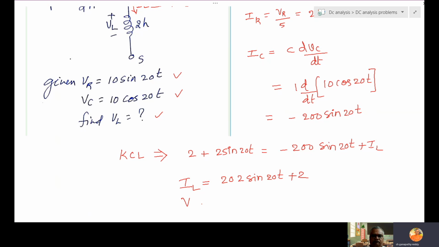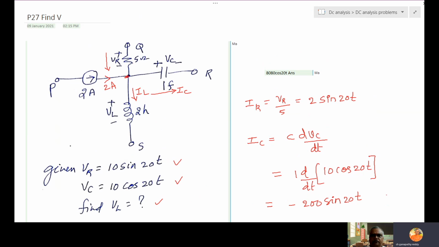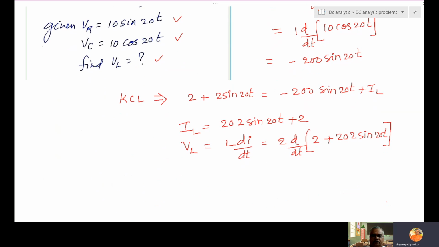But what is the question asking? VL. VL equals L di by dt. All these formulas we should not forget. L value 2, d by dt of 2 plus 202 sin 20t. So simplify, you will get cos 20t is the answer.